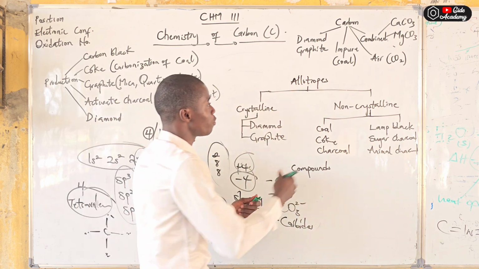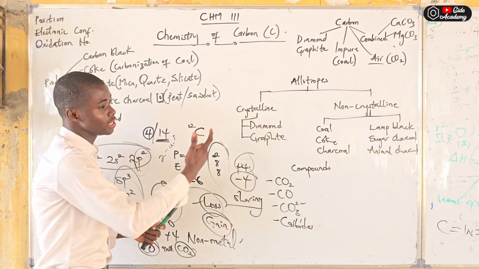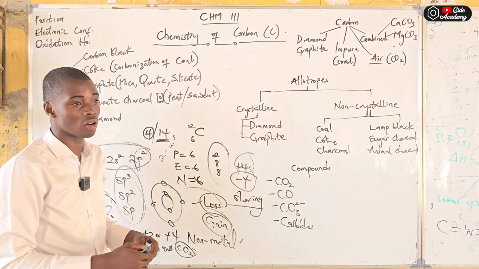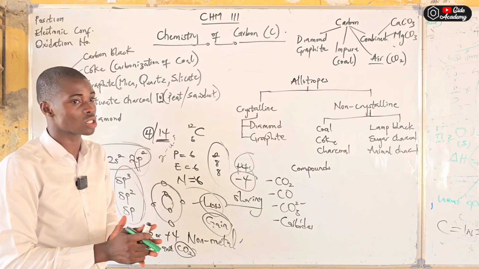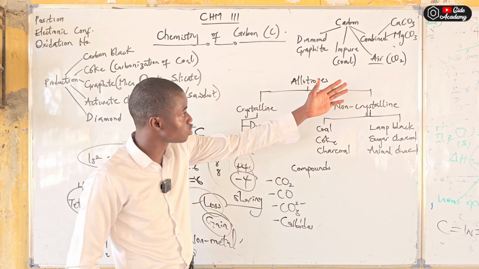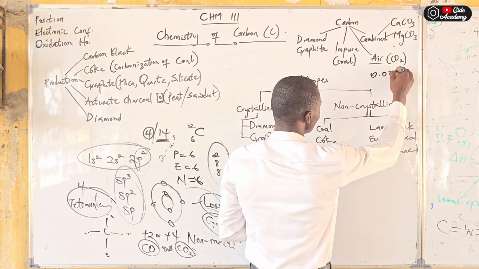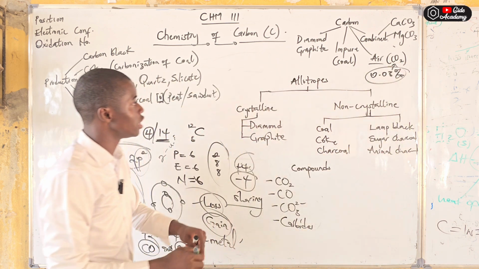Carbon is also present in air. Remember, we believe that air is a mixture of gases. It consists of oxygen, nitrogen, and one of the constituents of air is CO2. We have 0.03% of CO2 in the atmosphere.